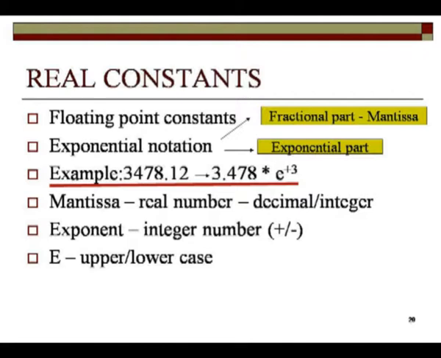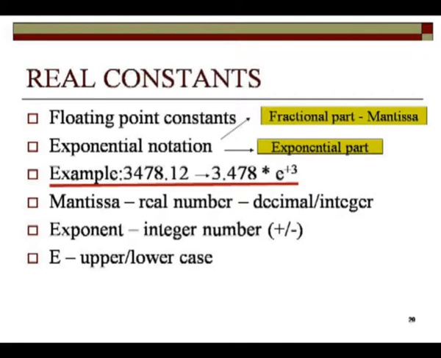Now there are certain rules which govern the mantissa as well as the exponential part. If you see the mantissa, it can be a decimal or it can be an integer. Here we are taking it from this number and expressing it in the form of an exponential part, so you can see the difference. This 3.478 into e to the power +3 is equivalent to the number 3478.12.